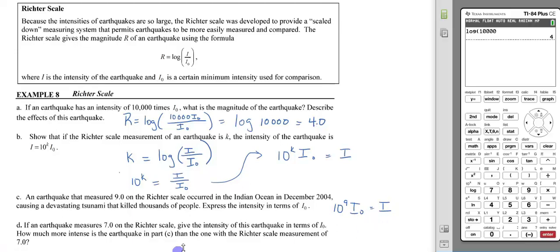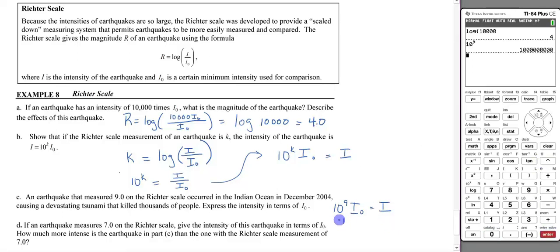And we use our calculator. We have a 10 to the 9, and there we go. The intensity is going to be 10 but with 9 zeros. So it'll be a billion times the intensity of that minimum intensity.